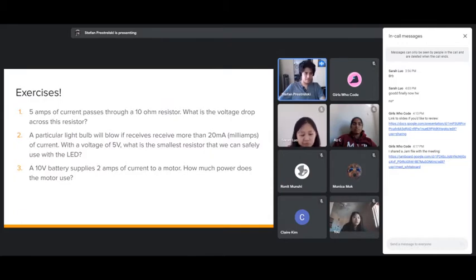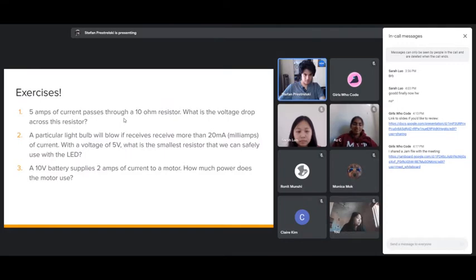So if we want to find the voltage V, take I. V equals 5 amps times 10 ohms. Let me erase that. Does it look like a 6?